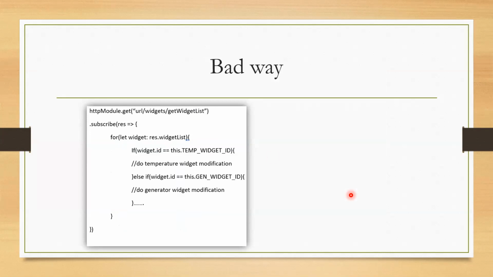In the bad way, we are getting the whole widget list with the API call, and going through all the widgets given by that API, and with if-else conditions we are generating all the widgets in the dashboard. It is one way of doing it.